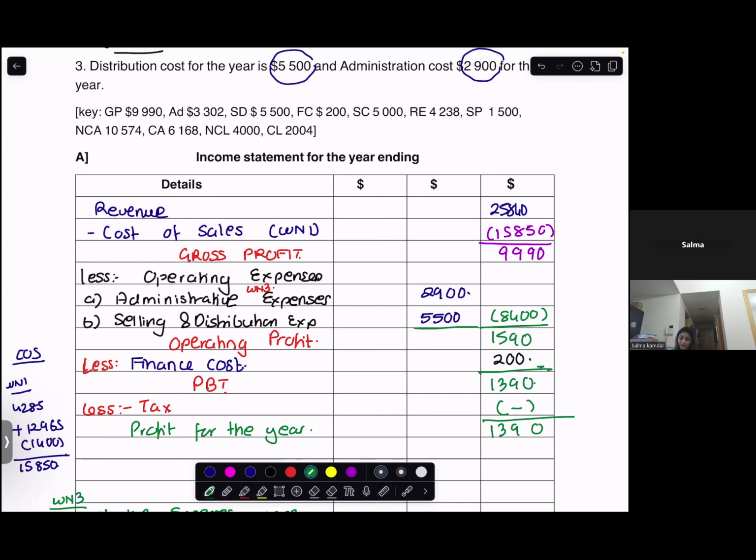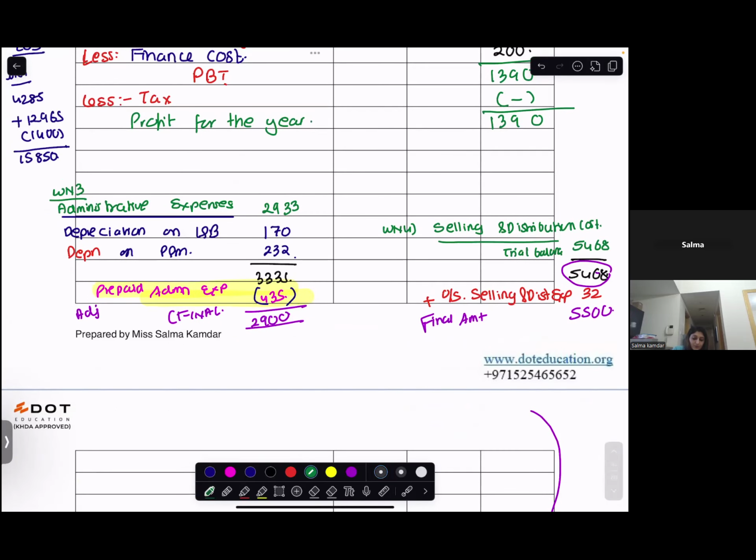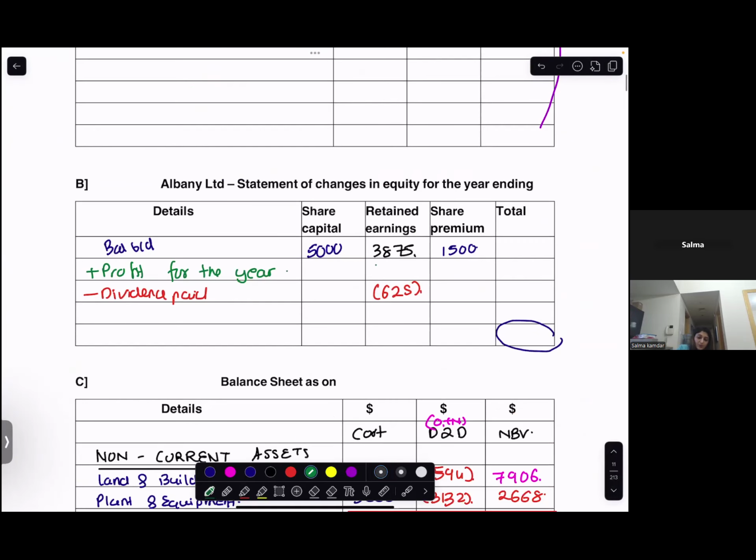I hope you're with me. 1390 profit for the year. Where does it go? So your share capital balance closed down would be 5000.